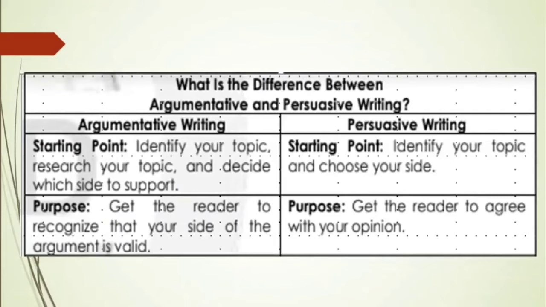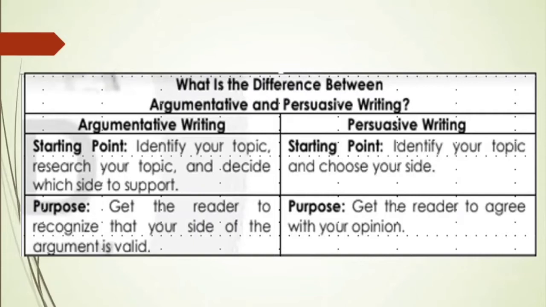Let us now discuss the difference between argumentative and persuasive writing. Let us start with the starting point. In argumentative writing, you have to identify your topic, research your topic, and decide which side to support. While in persuasive writing, you have to identify your topic and choose your side.